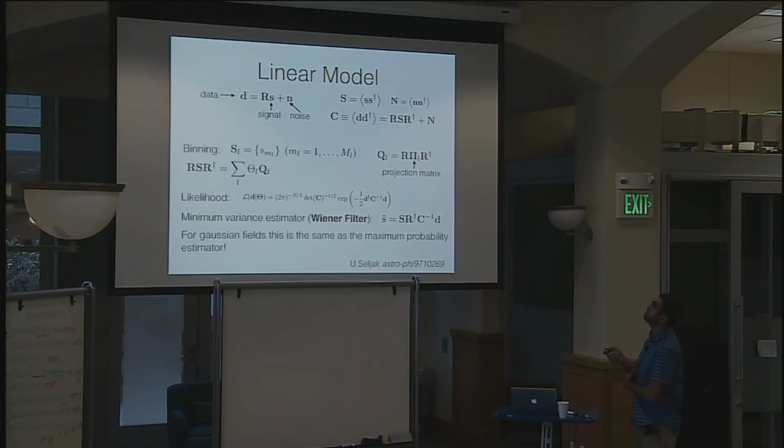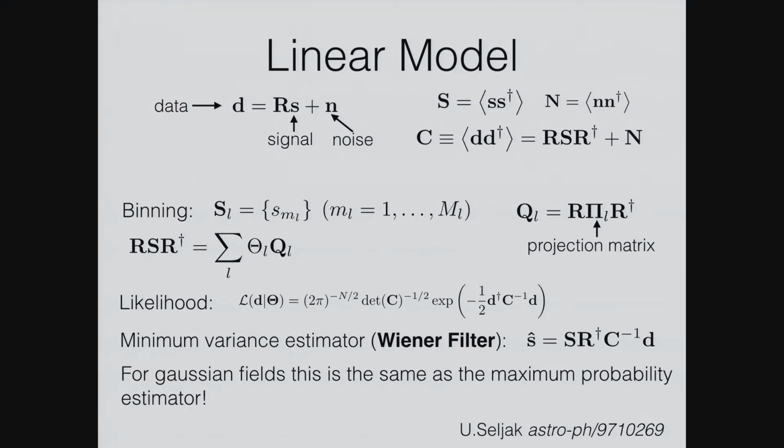Okay, let's see if I want to talk about this much. I'll just briefly mention one kind of problem that we try to solve. These are, again, linear problems. Your data is equal to some linear function of your signal plus some noise. We've seen this before with the line fitting. This is just generalizing it to many dimensions.